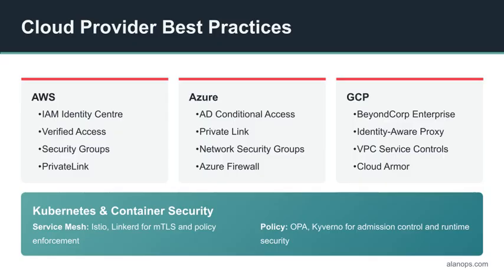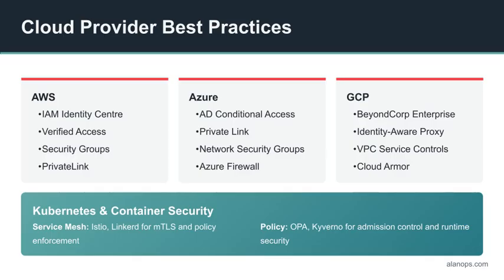If you're on AWS, IAM Identity Center provides your identity foundation. Verified Access gives you Zero Trust network access. Security groups and PrivateLink handle network segmentation. On Azure: Azure AD Conditional Access, Private Link, network security groups, Azure Firewall.